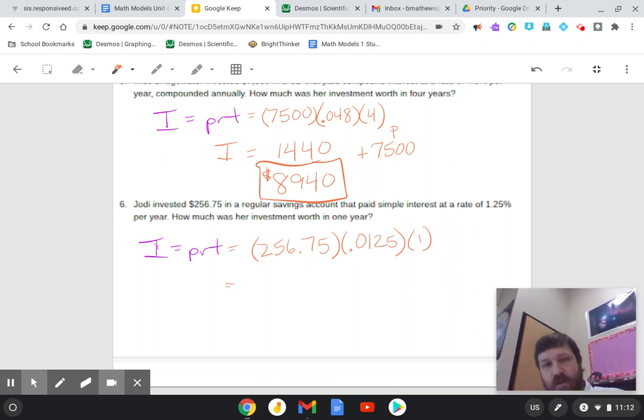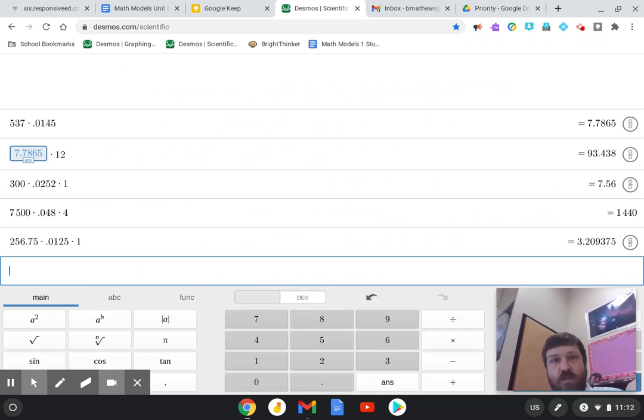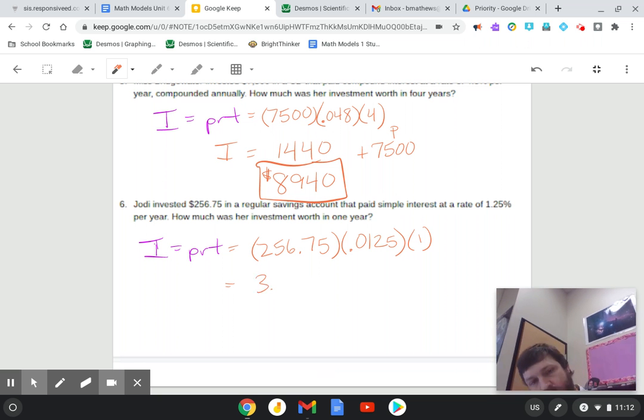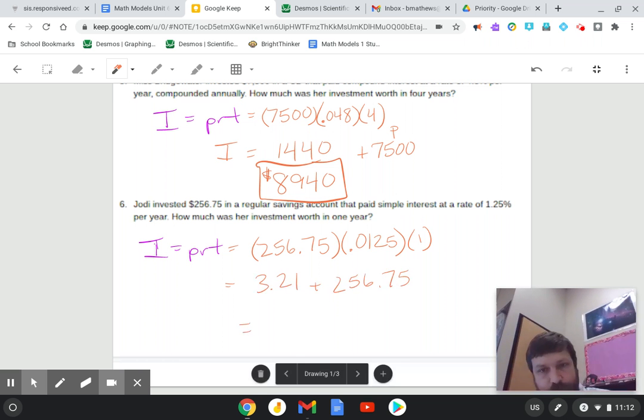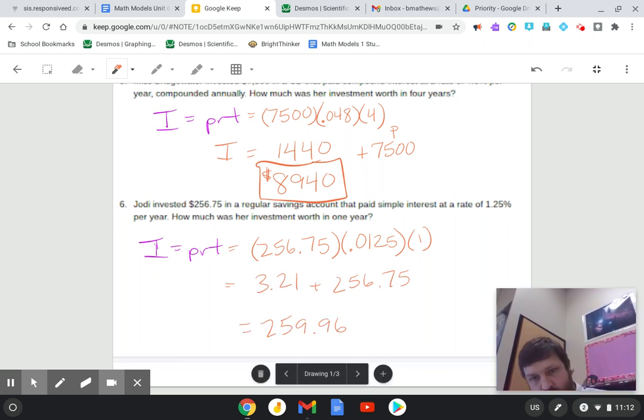All right, so we're going to calculate that. 256.75 times 0.0125 times 1 is 3.21 if we round it, $3.21. We need to add the original principal, and we get $259.96 as the final amount after the interest is earned.